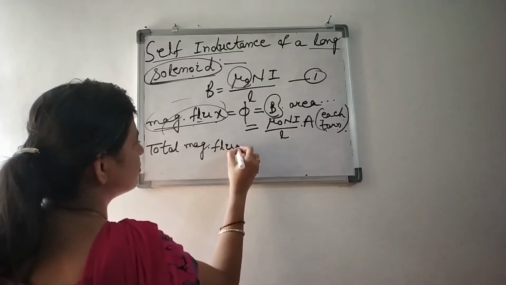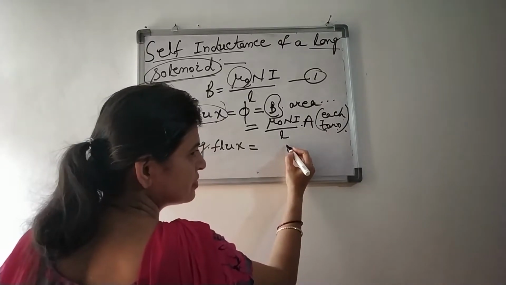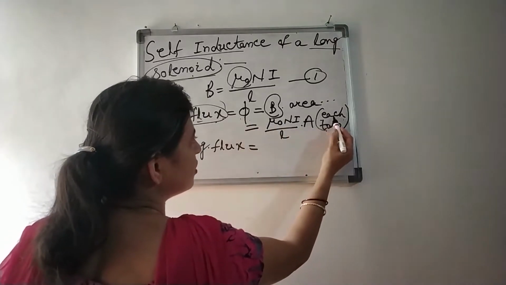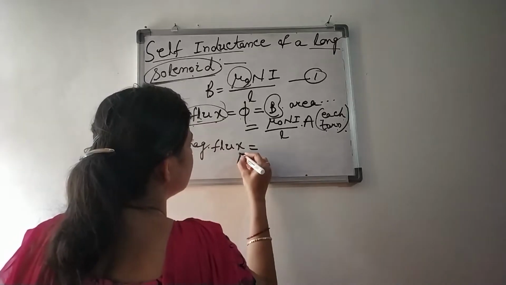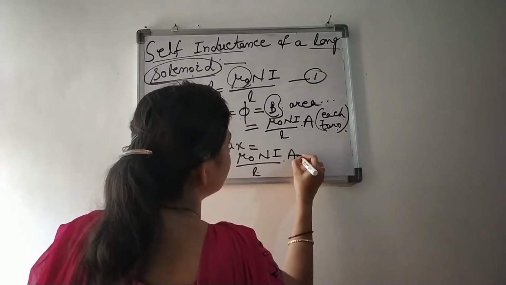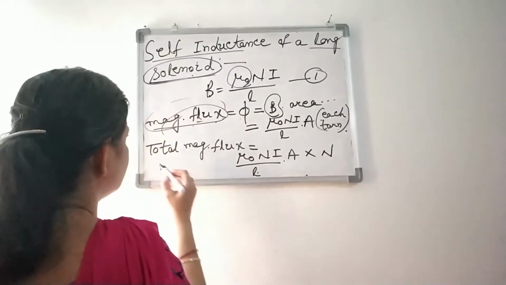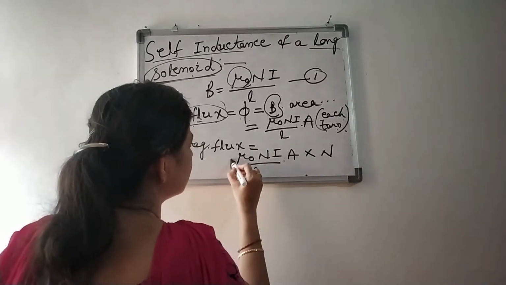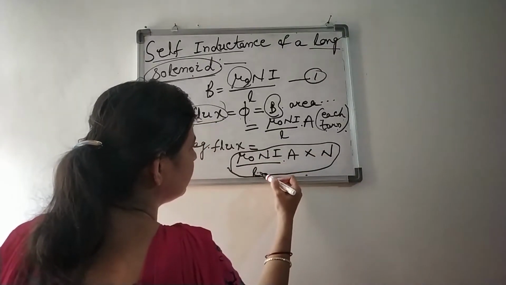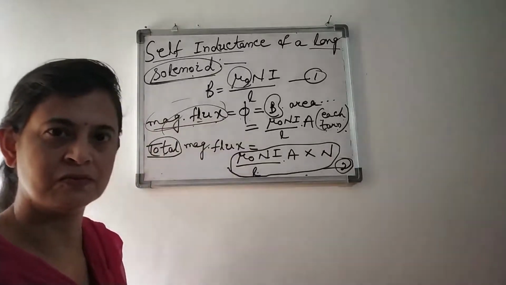Total magnetic flux is equal to the flux through each turn into the number of turns, which is N. So the magnetic flux for each turn is mu naught N I divided by L into A, into the number of turns, that is N. So, the total magnetic flux for the solenoid is mu naught N squared I A divided by L. Suppose this is equation number 2.